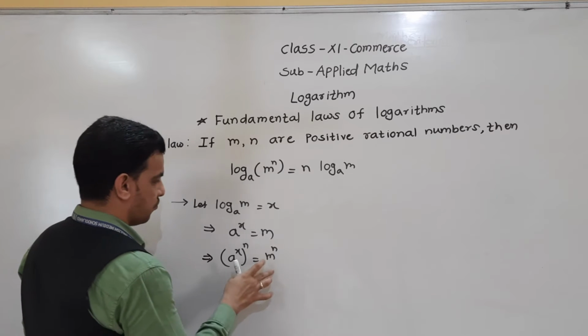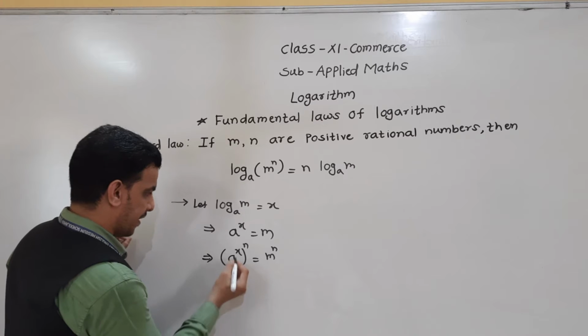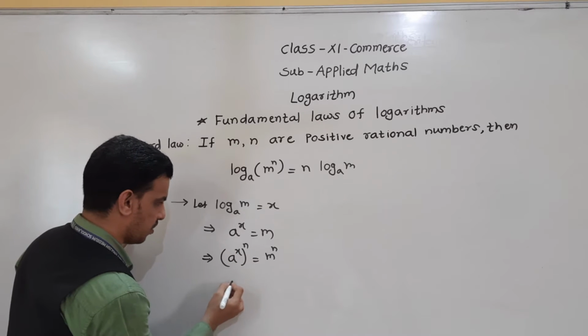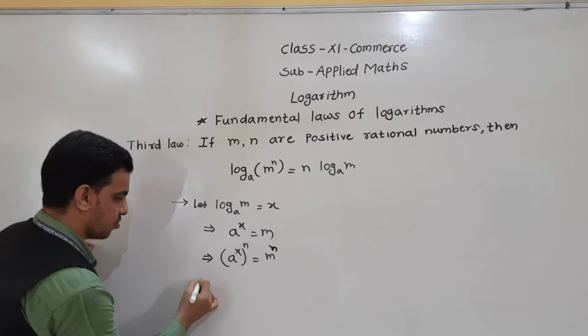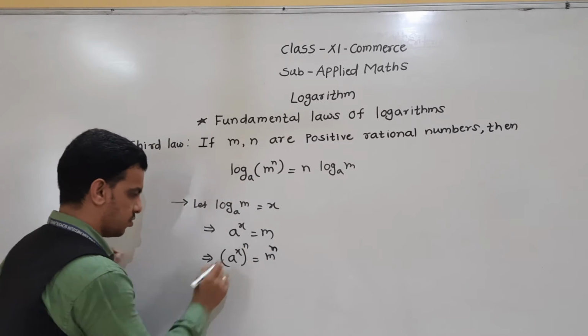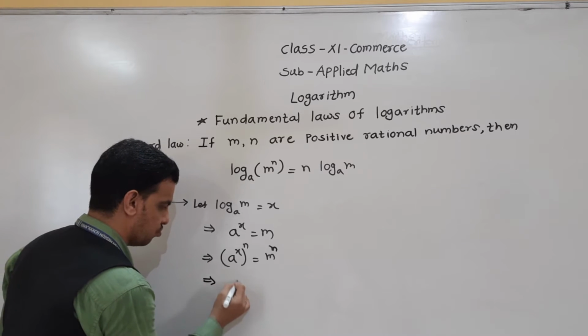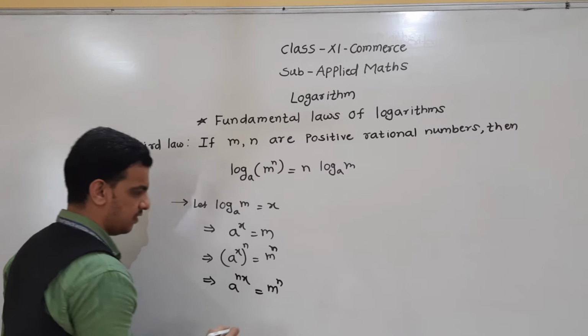Now we have to find the log of this. So a raised to x raised to n is equal to m raised to n, so here we can write a raised to nx is equal to m raised to n.